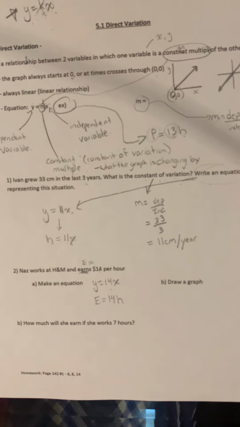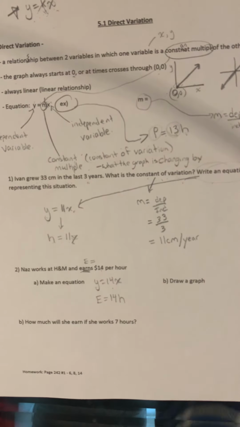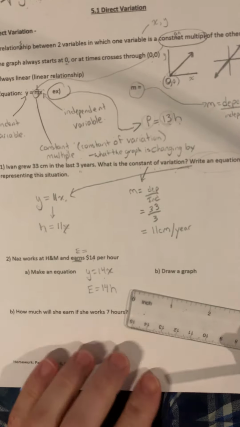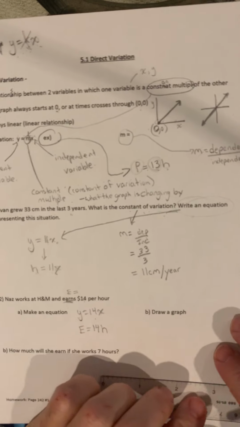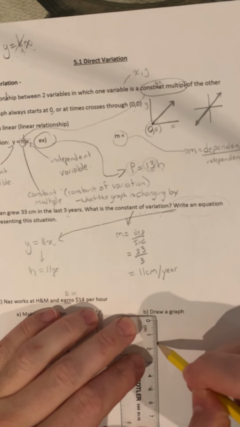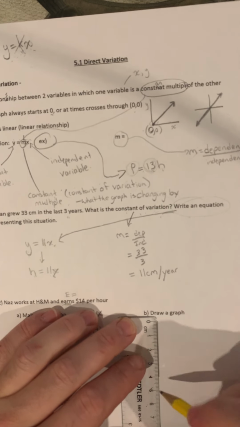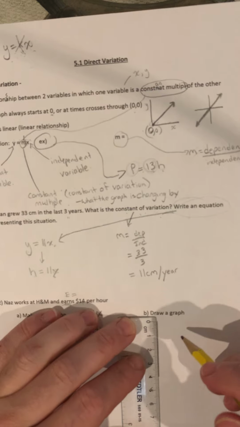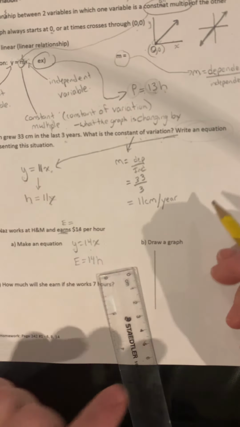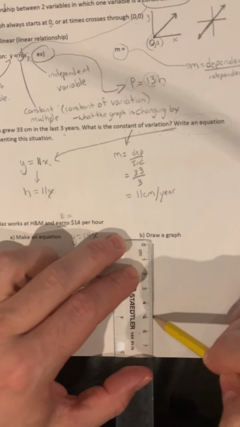Oh, draw a graph. I'm gonna get my pencil and my ruler. Okay, we're going to be drawing a graph now, and this is very simple to draw. I'm just looking ahead, it says 7 hours, so you want to do one for 7 hours.